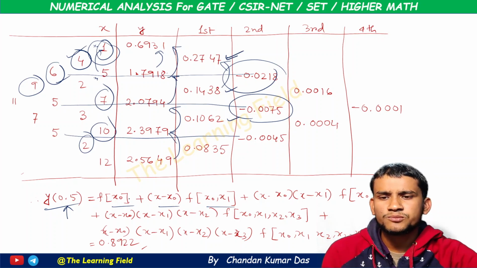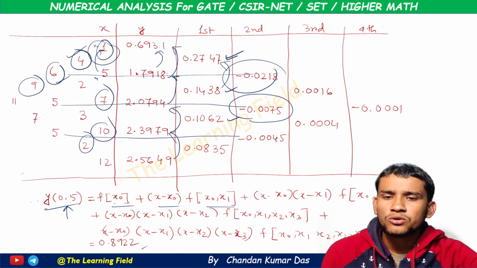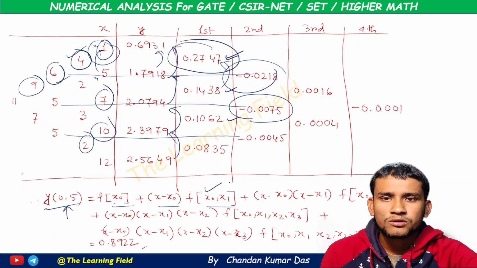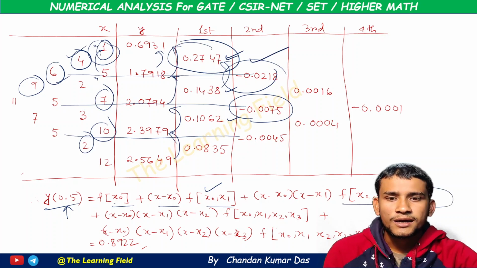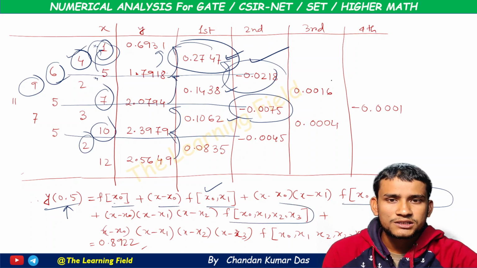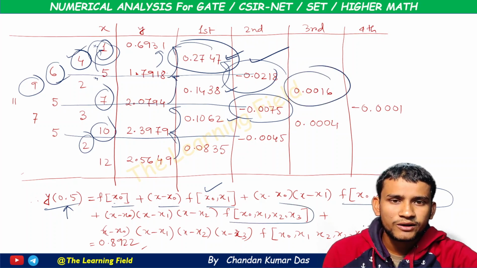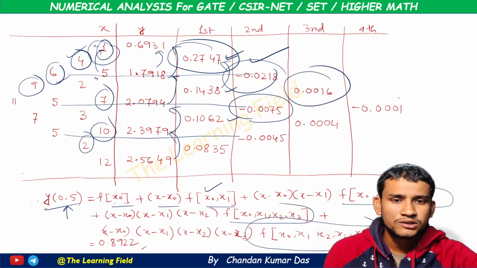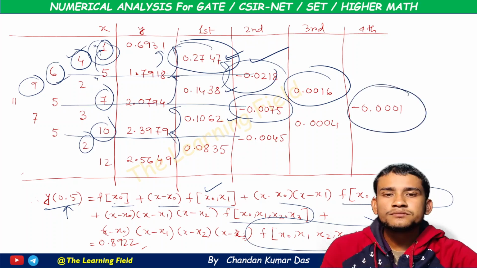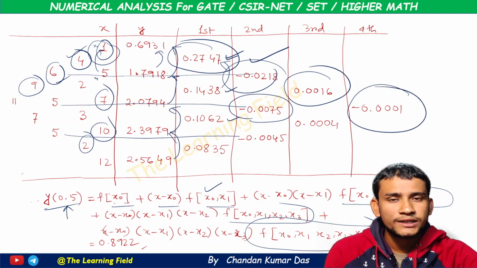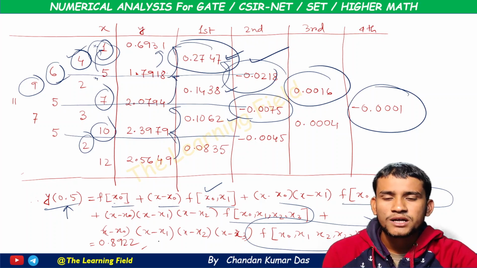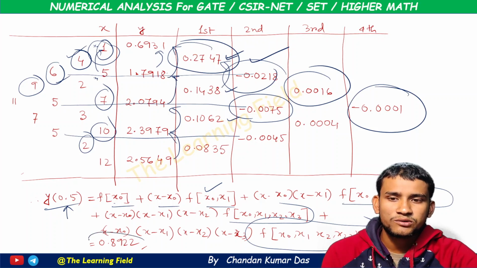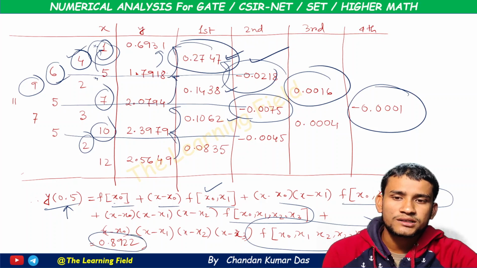We just put these values. f of x0 x1 means this value, f of x0 x1 x2 means this value, and the last term f of x0 x1 x2 x4 means this value. So these are the 4 values which we need in the formula, and we know the x0, x1, x2, x3, x4 terms. If we put the values, we get the answer 0.8922.